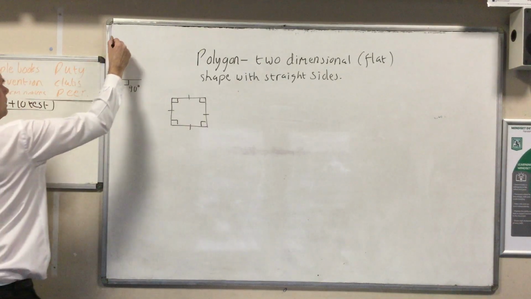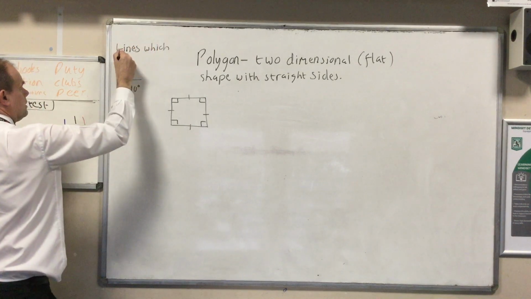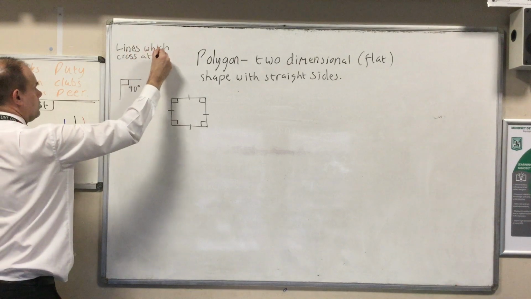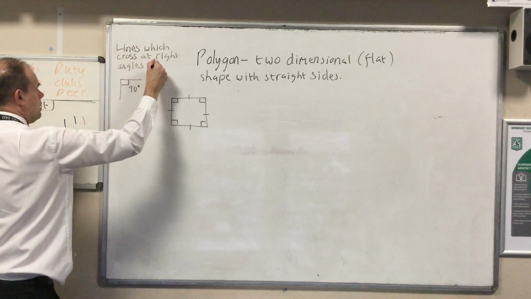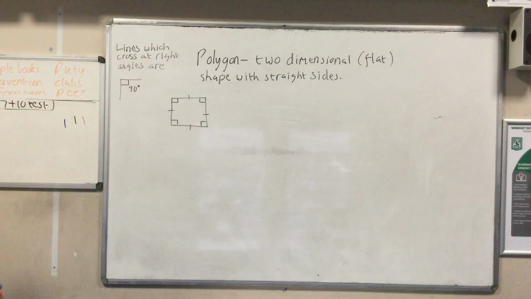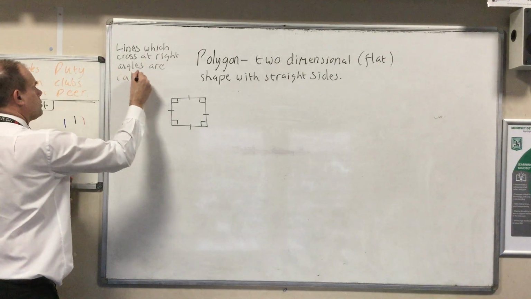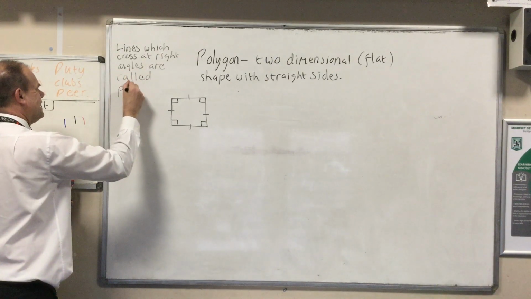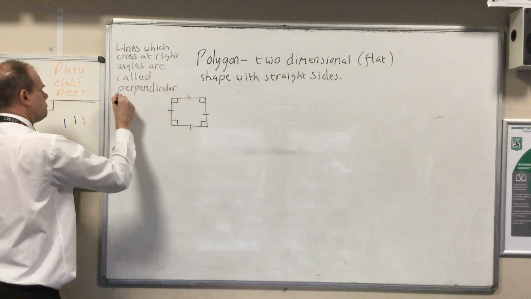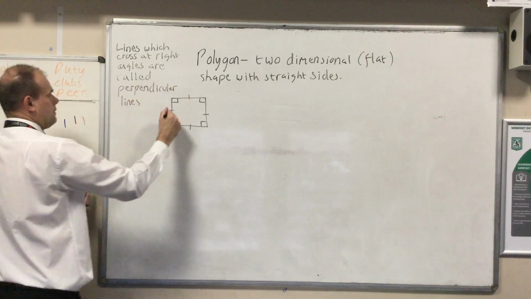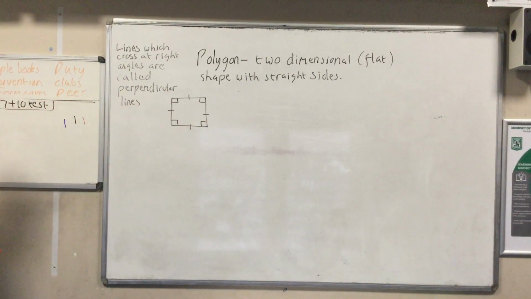Lines which cross at right angles are called, big word here, spelling, perpendicular lines. So those 2 line sides are perpendicular, there you go.